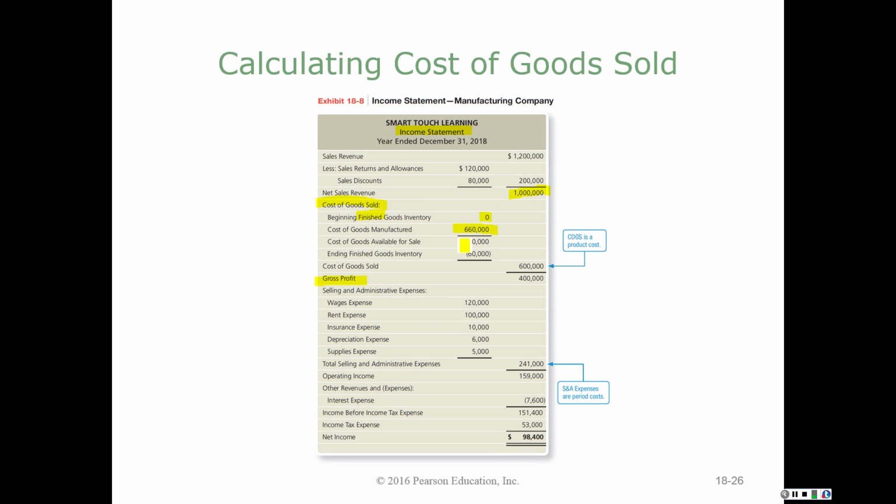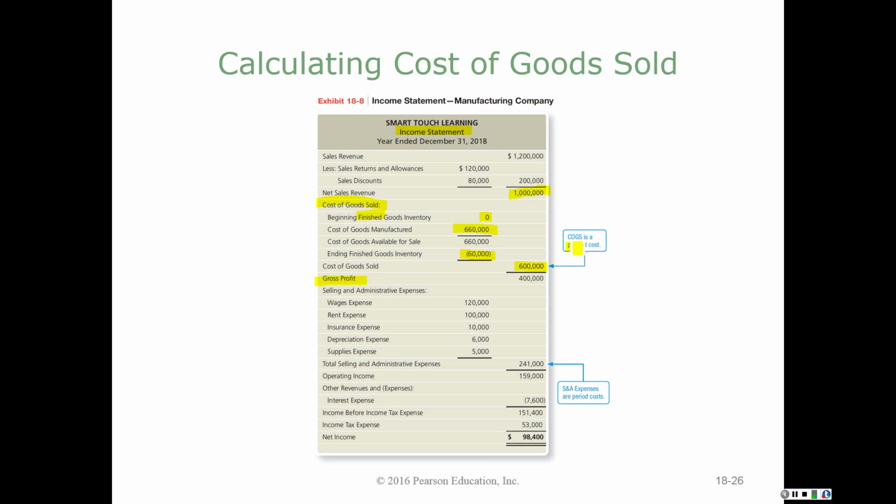And if I know that out of the $660,000 that I have manufactured, there are only $60,000 worth of those still in ending inventory, what happened to the rest? I sold them. Okay, so if I had $660,000 worth of tablets available for sale, only $60,000 are left in ending inventory, then I sold $600,000 worth of tablets.